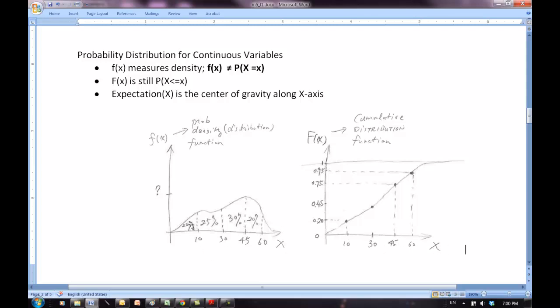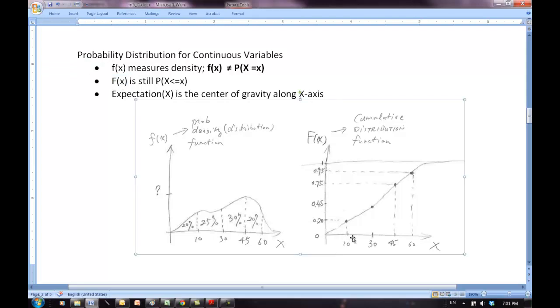So if this segment is 20%, it means the probability of time spent on a transaction that is less than 10 seconds is 20%, which is the meaning of its associated cumulative probability.